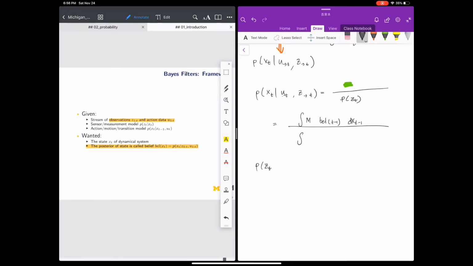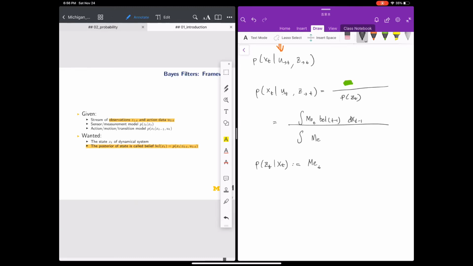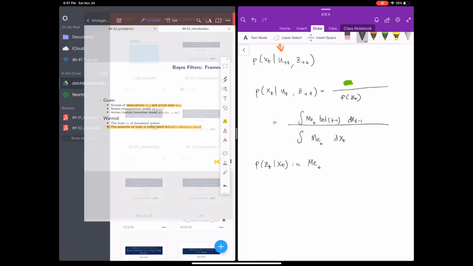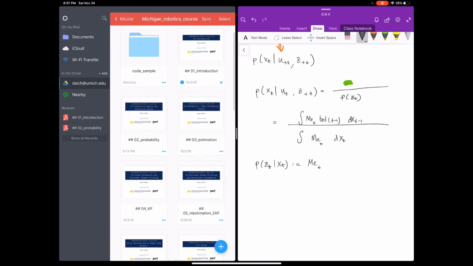So this is motion of t, and this is measurement of t, right? Yeah, that feels like just the thing we want to get. Now that we have it, let's see whether we're getting the right thing.